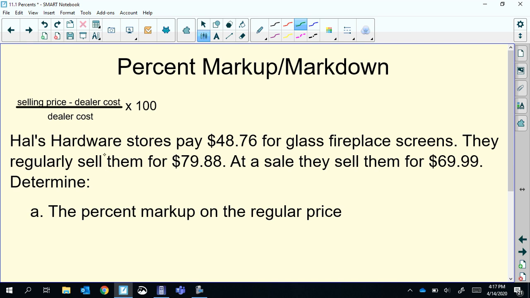So they pay $48.76. So that's what they pay. That's the dealer cost. But they sell them for $79.88.